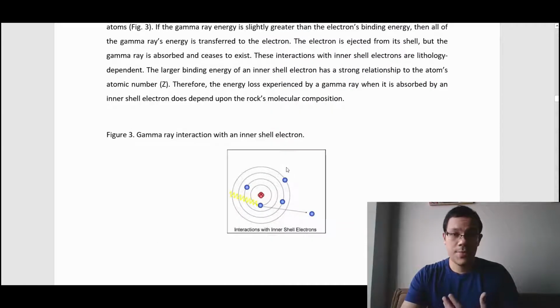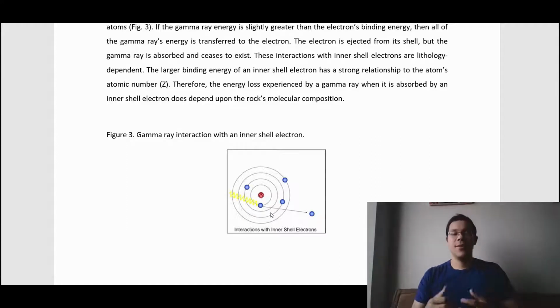Another type of reaction is those related to absorption. In this case, our gamma ray will interact with electrons on the inner shell, and in most cases they will cease to exist. But not 100% of these gamma rays will be absorbed. Some of them will also continue to exist and to be detected.